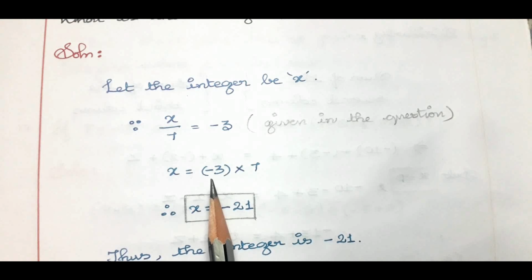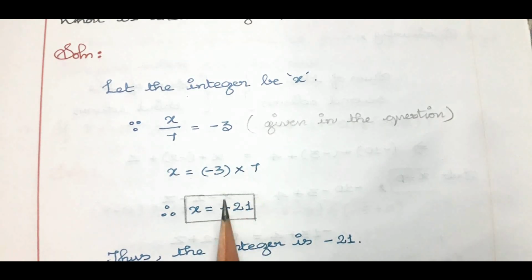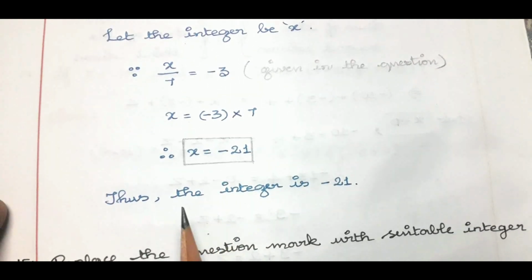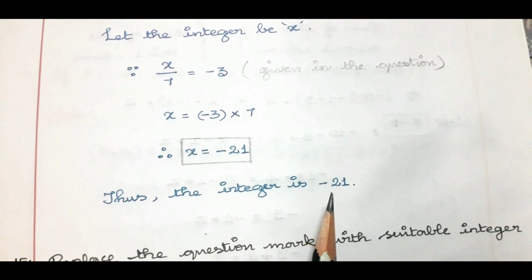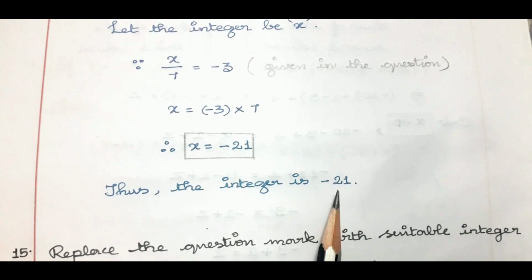As we know, in integer multiplication minus into plus becomes minus, and 7 into 3 is 21. Therefore x is equal to minus 21. Thus the integer is minus 21. So when you divide the integer minus 21 by 7, you will get the answer minus 3. Clear? Fine.